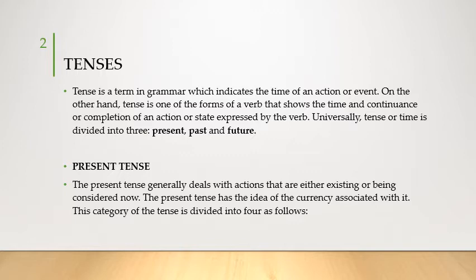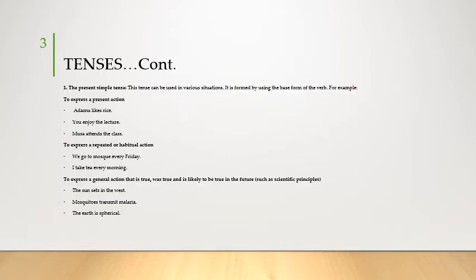What is present tense? The present tense generally deals with actions that are either existing or being considered now. The present tense has the idea of the currency associated with it. This category of the tense is divided into four, which we are going to see as follows.